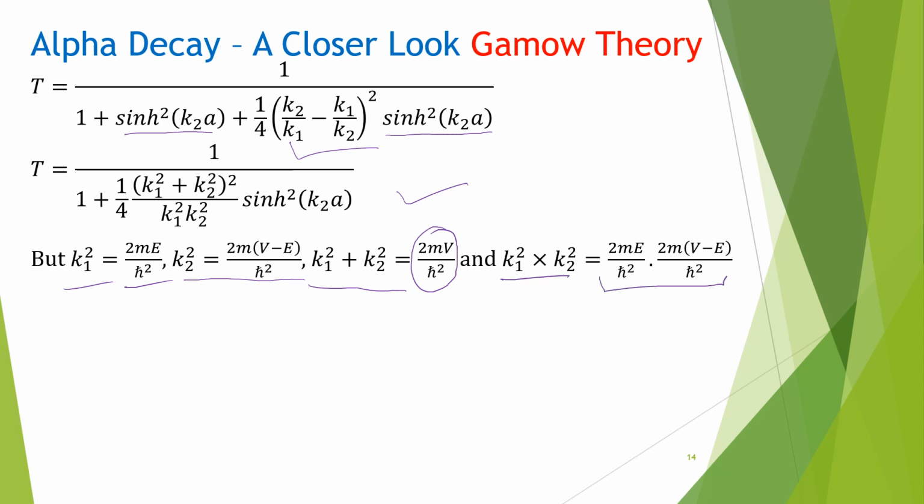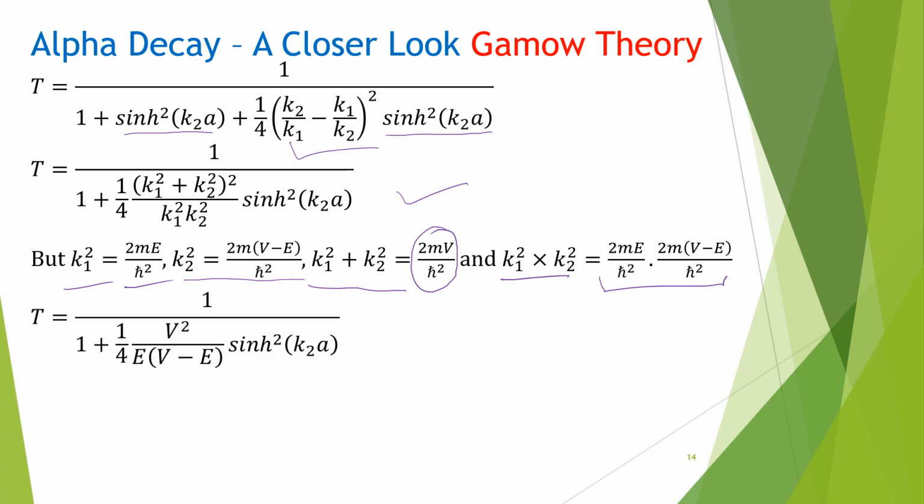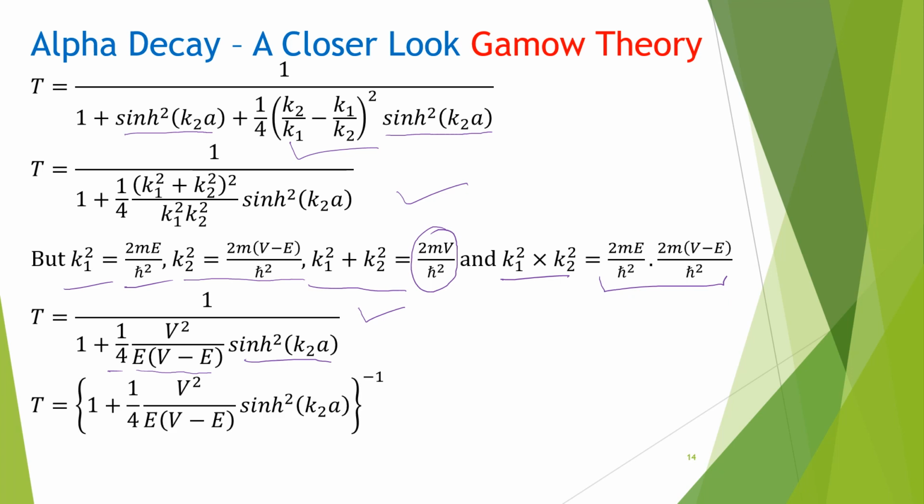So here what we are doing, we are expanding this by substitution, and we'll be able to make a concise form of the expression in terms of energy and potential as T is equal to 1 upon 1 plus 1 by 4 V square upon E into V minus E sin square K2A.